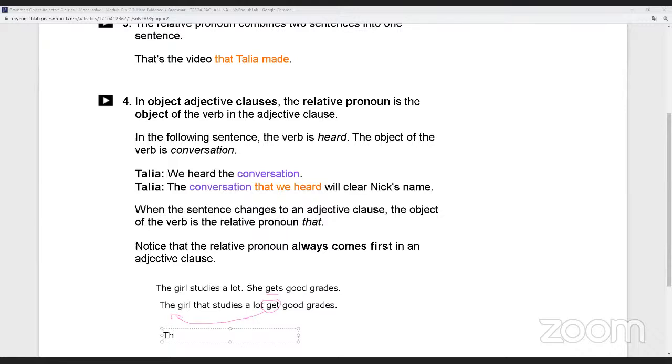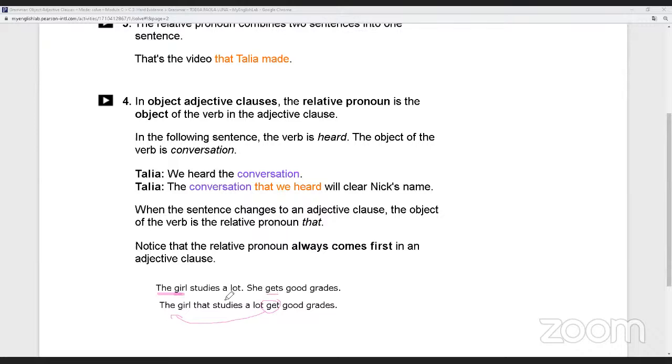Okay, so we're going to choose the object or the noun of the sentence. Where is the noun? Could you please help me to identify? Where is the noun? Could be the girl. Yes, the girl.